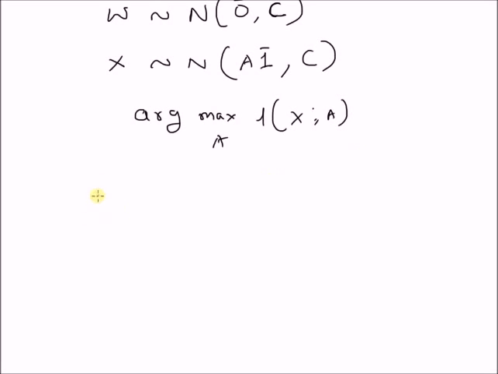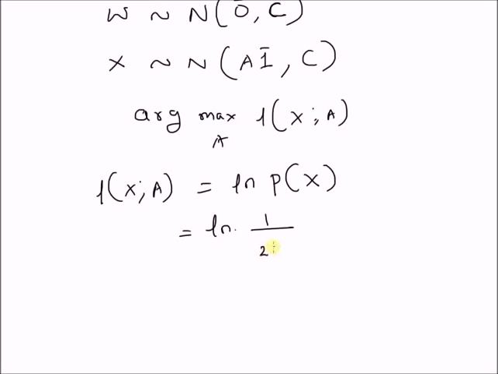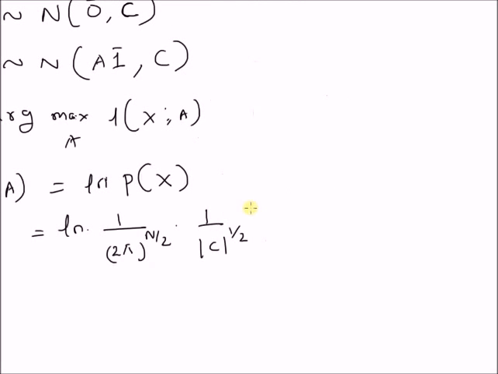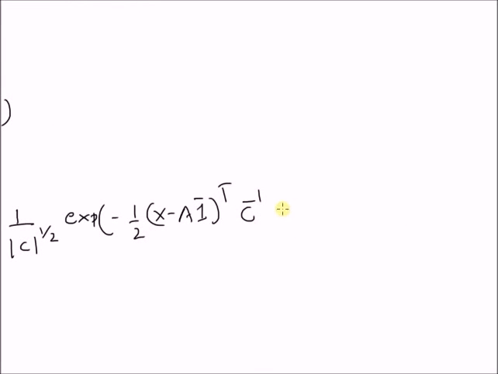The log likelihood function L of x with the parameter A is defined as the logarithm of the probability distribution of the vector x, which is equal to log of 1 by (2 pi) power n by 2, 1 by square root of the determinant of the matrix C, and exponential of minus 1 by 2 (x minus A 1 bar) transpose C inverse (x minus A 1 bar).